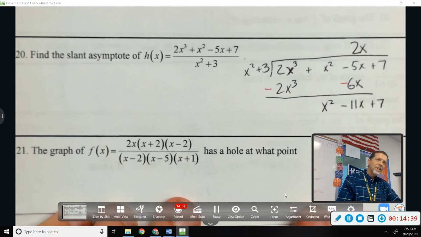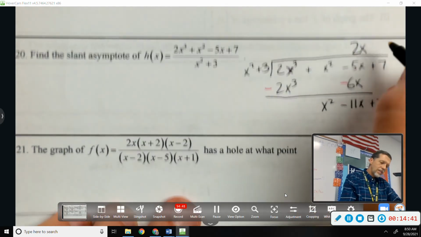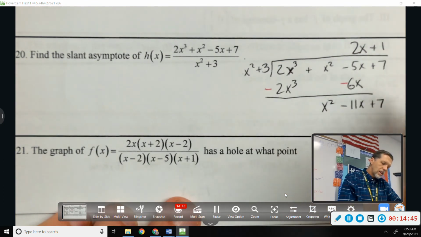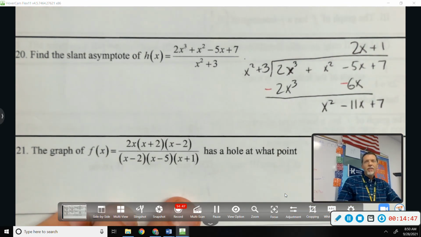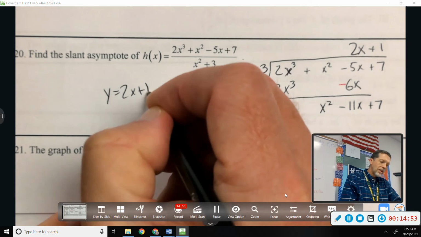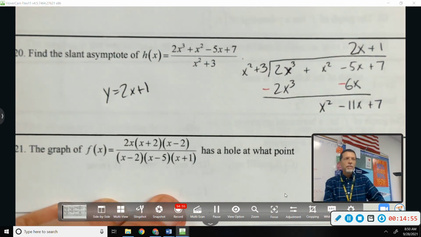Okay. And then something times x squared gets me x squared. That's an easy one. In fact, that could be done there, right? Because the remainder doesn't matter for slant asymptotes. So my answer is y equals 2x plus 1. I haven't really finished the long division problem, but I don't really need to.